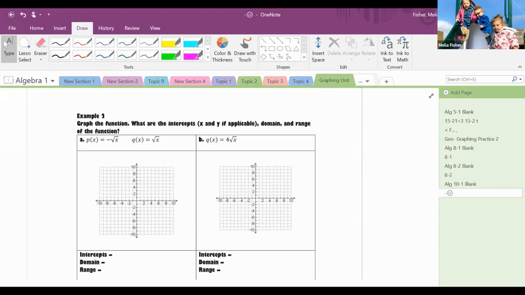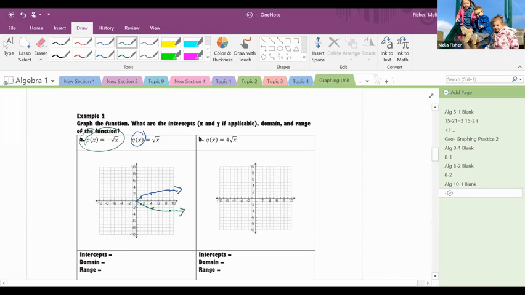So we would still start, if we wanted to graph both of these on here, the first one, the Q, I'm going to graph that in blue, Q of x. That would start here and it would go over 1 up 1, over 4 up 2, over 9 up 3, right? That's the Q of x. But the P of x, that one's negative. So it would go over 1, down 1, over 4, down 2, over 9, down 3.